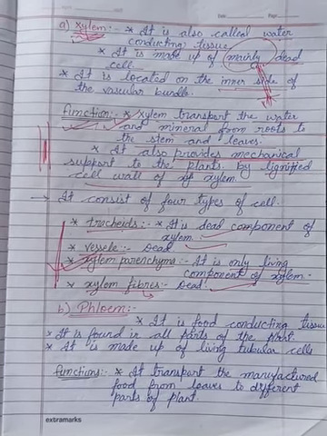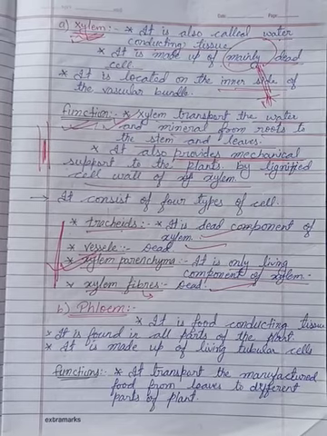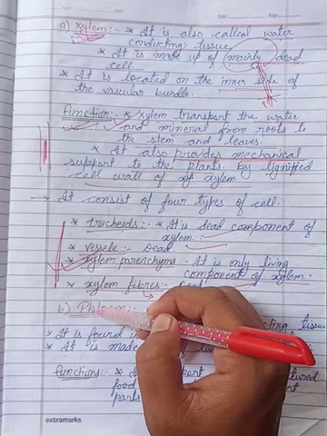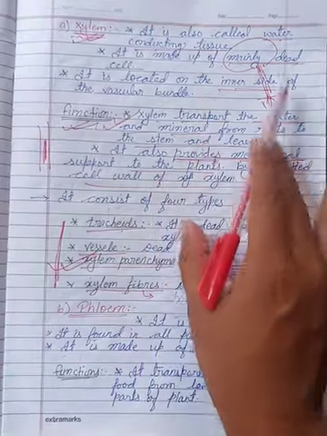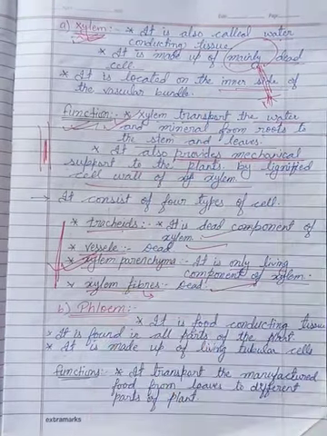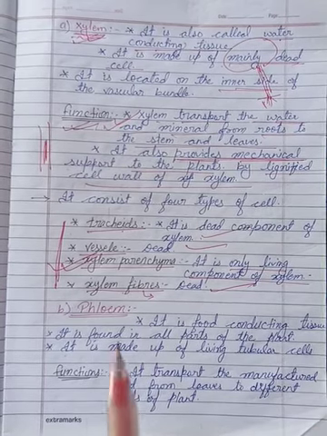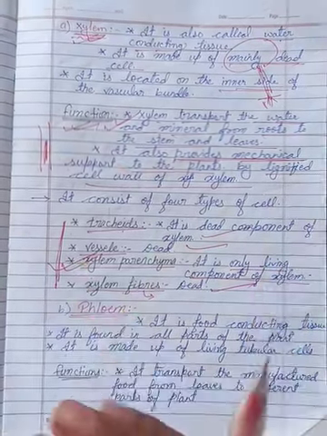Now one more time, we have to understand the types of xylem and the more functional xylem conducting tissue, that means the water conducting tissue, which is applicable for the transportation of water.